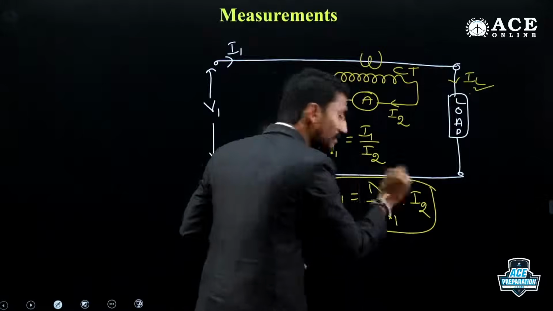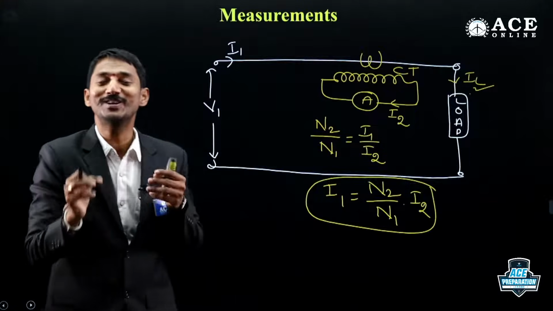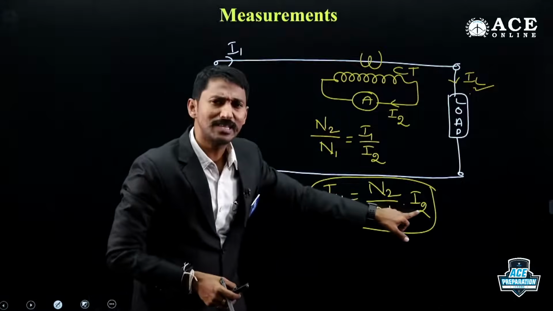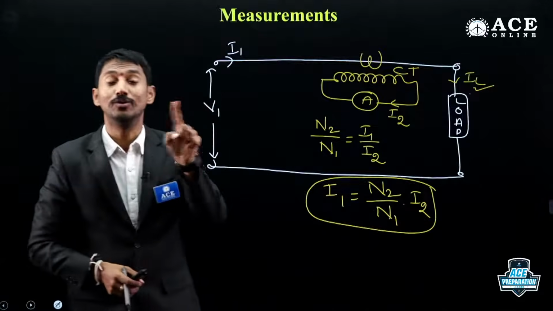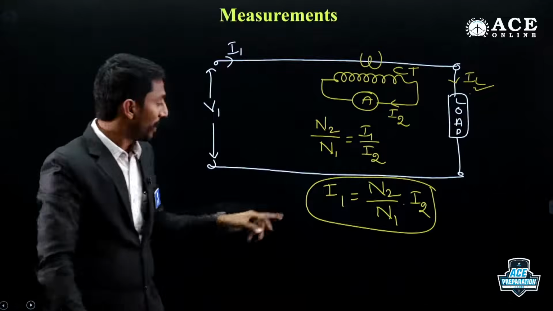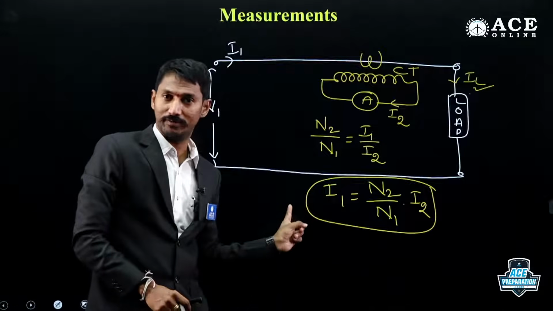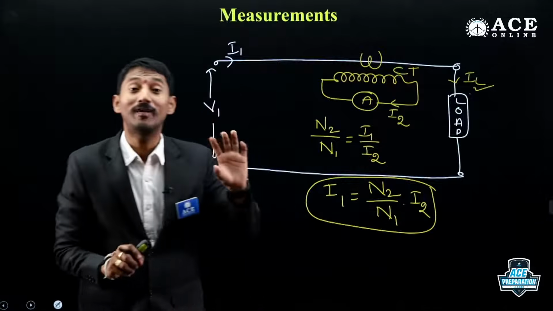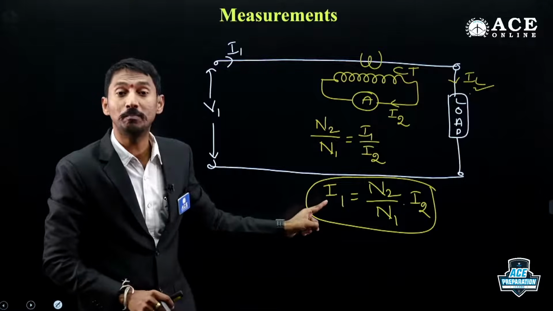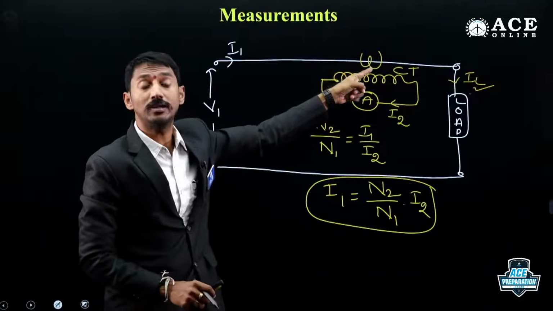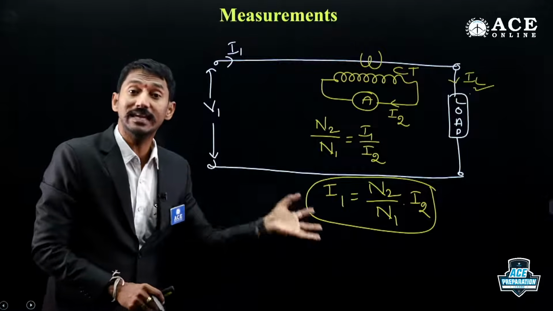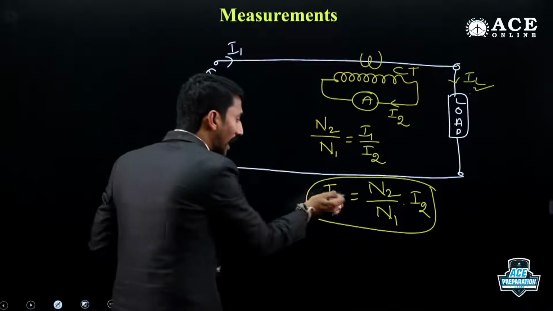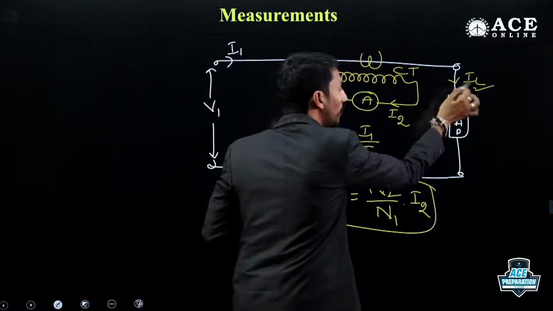By taking this concept, many people are getting confused: sir, I1 will be given by the secondary winding of the CT. No. What is the point? You are calculating I1 with the help of I2. But what is the question? The I1, the primary current or current through the primary winding, is decided by the load.